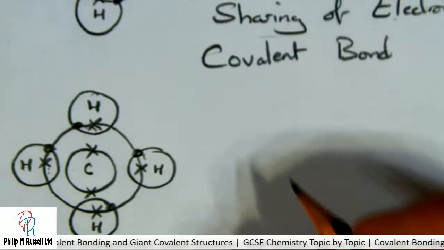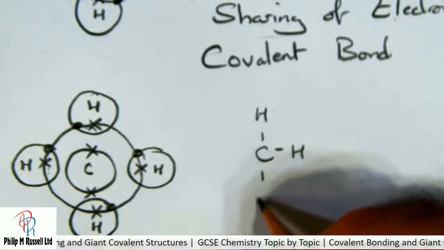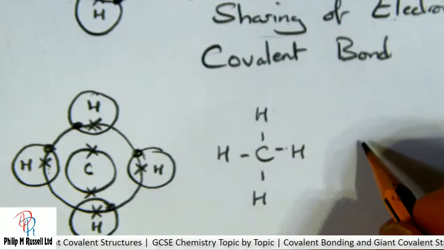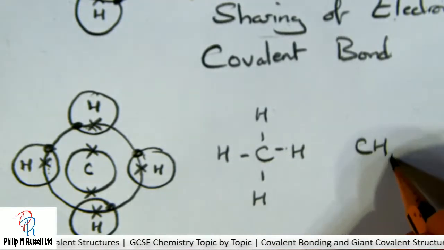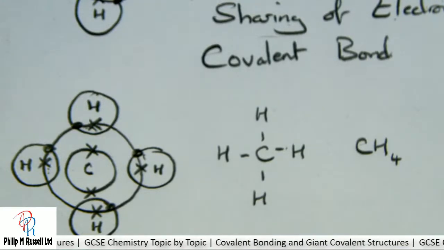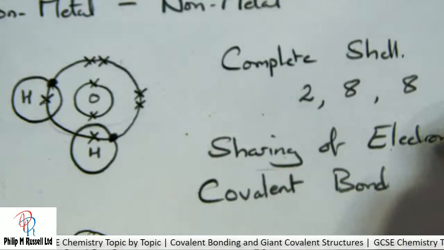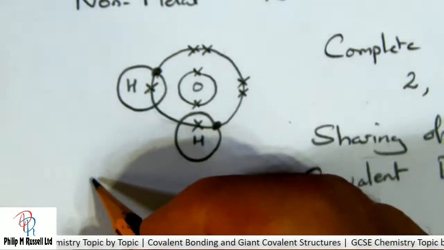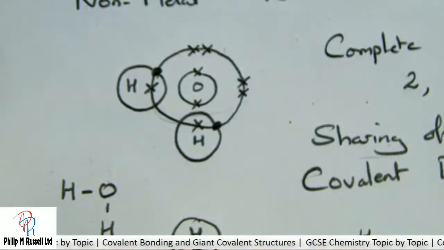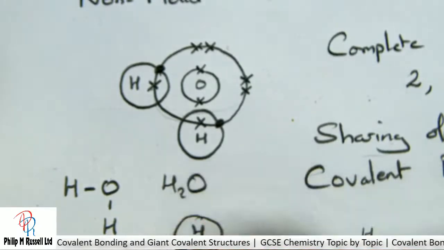Back to our methane, I could have written that with a sort of stick diagram to show one bond, or I could have written it out as CH4. Water, we've got that one as HOH, or more commonly H2O.